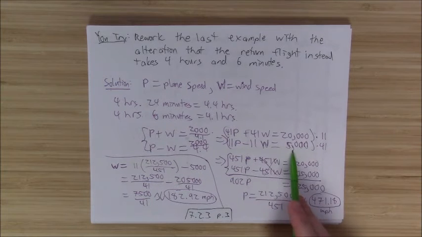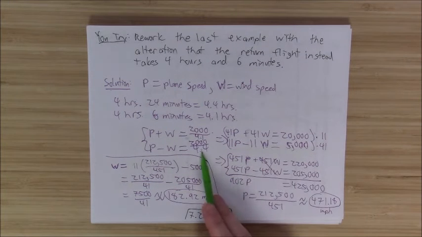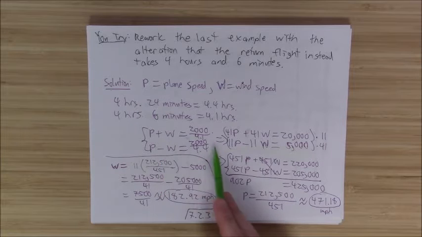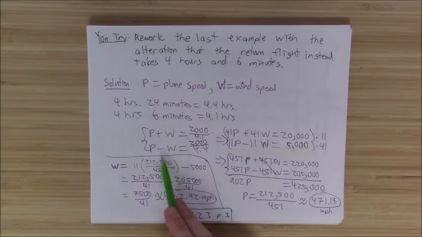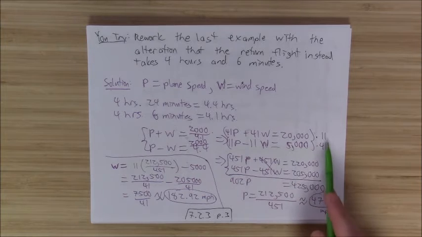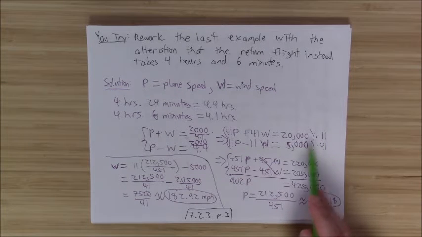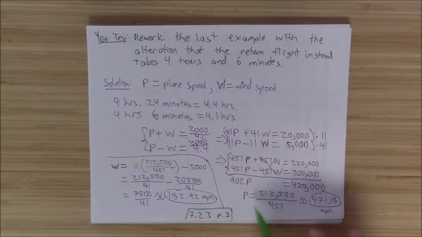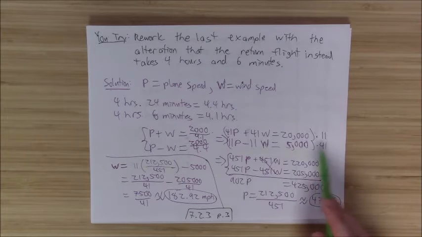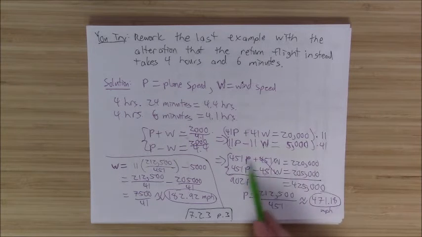We end up with these as our system of equations by multiplying everything here by 41 and everything here by 11. To eliminate, we multiply the first by 11, the second by 41. The math is nasty here. Sorry about that.